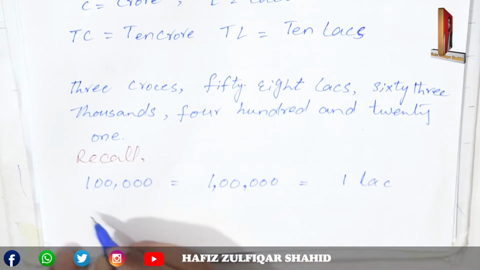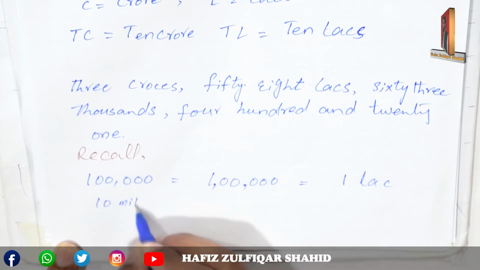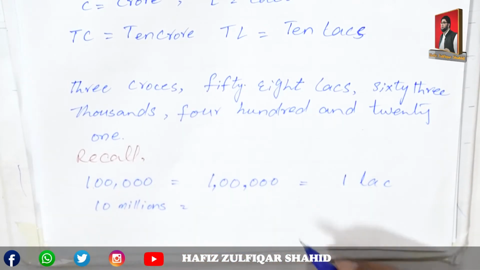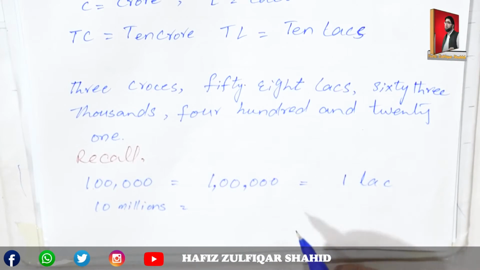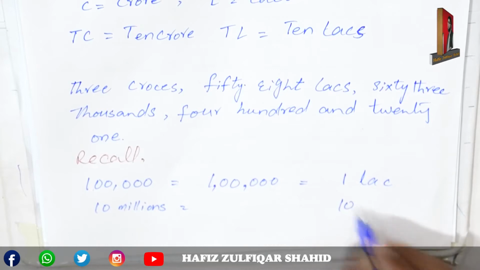Same like this, if we have 1 million, according to Pakistani place value it will be called 10 lakhs.